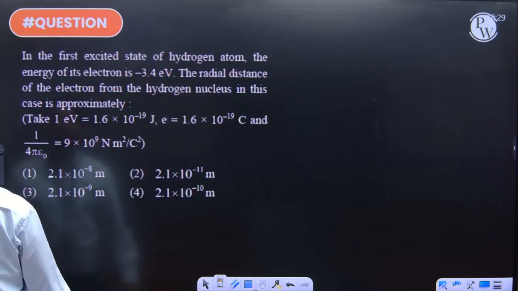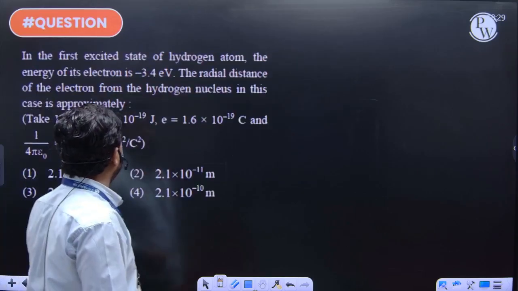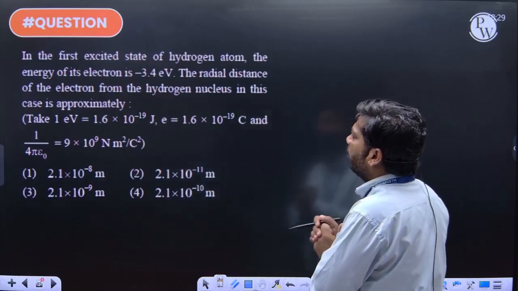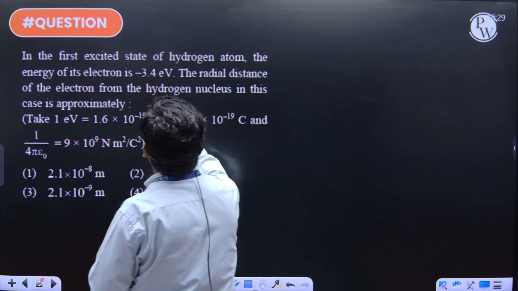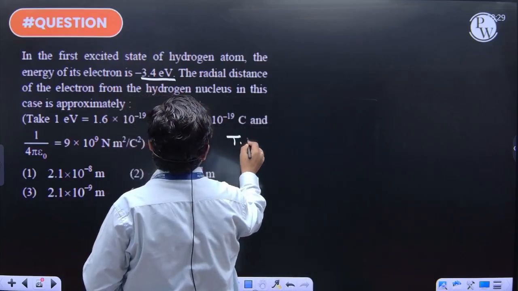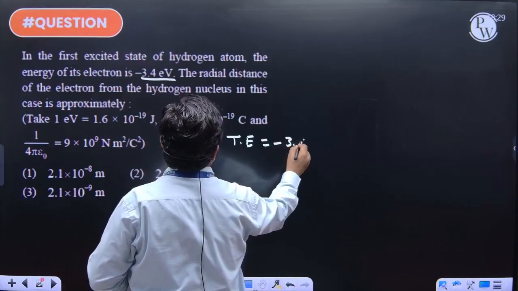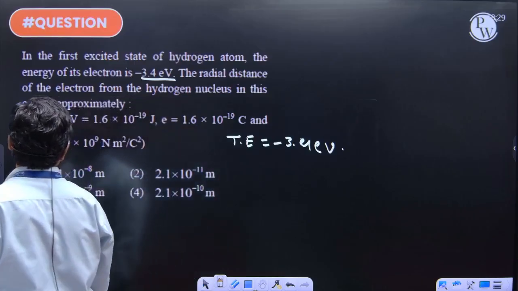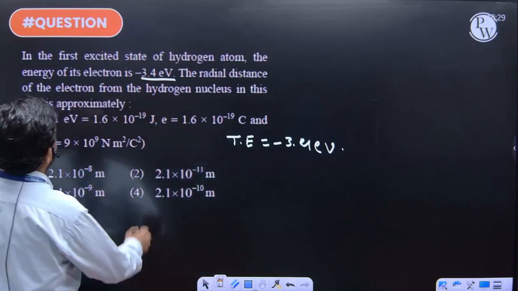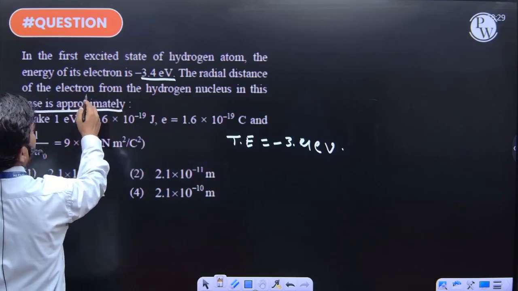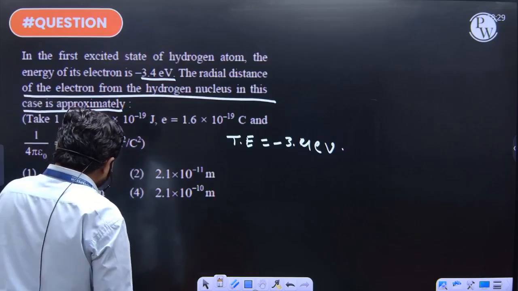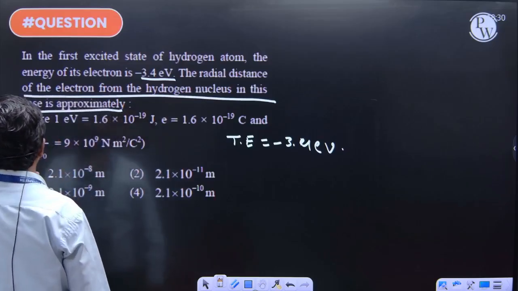Next. In the first excited state of hydrogen atom, the energy of its electron is minus 3.4 electron volt. Okay, total energy is given, minus 3.4 electron volt. The radial distance of the electron from the hydrogen nucleus in this case is approximately what? Radial distance you have to find out.